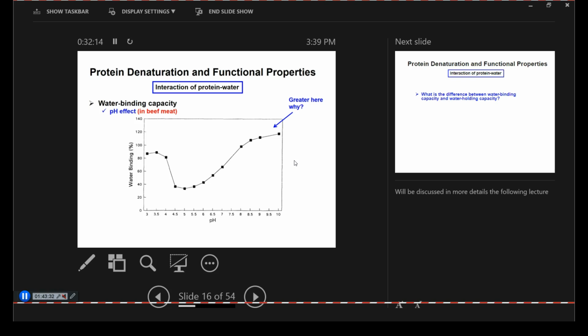Because proteins are positive when they're in alkaline conditions. Proteins are positive when? In alkaline conditions. Actually, proteins are positive when they are in acidic conditions, because you have your amino acids, so you have your H, R, NH3 plus, and COO minus. Okay, this is one amino acid, but then you will have multiple amino acids.